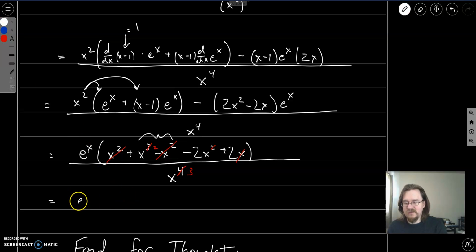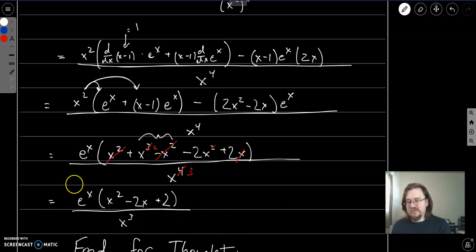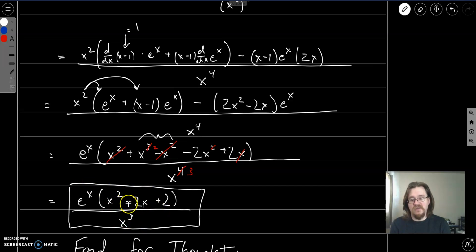So our final answer is going to be e to the x times x squared minus 2x plus 2 all over x to the third power, which I don't necessarily see any logical intuition why this would be the second derivative of e to the x over x, but I feel like each step was fairly reasonable. We just had some simplification to do in places, and some rather easy derivatives on the inside.